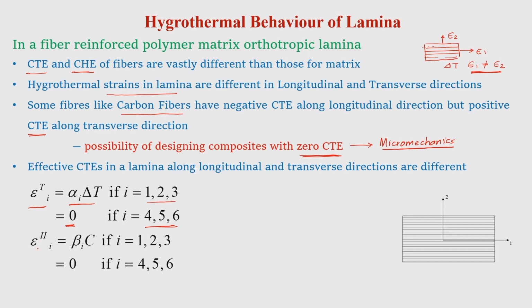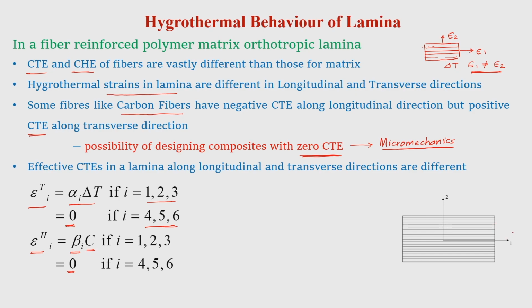Similarly, the hygroscopic strain is beta I into C, where beta is the coefficient of moisture expansion or hygroscopic expansion, and again beta 1, beta 2, beta 3 are different, and it also does not lead to any shear strain, because we are discussing in the material axis.